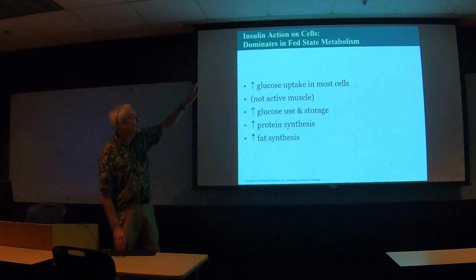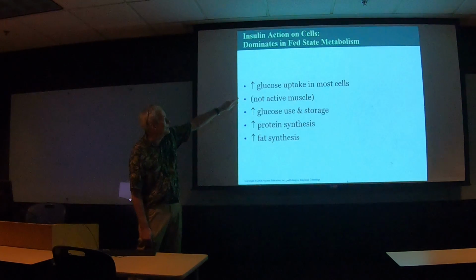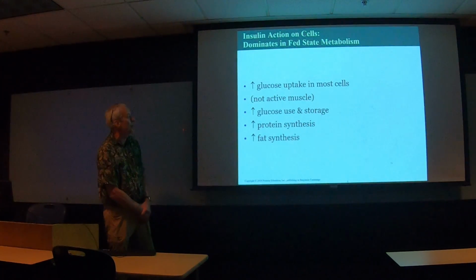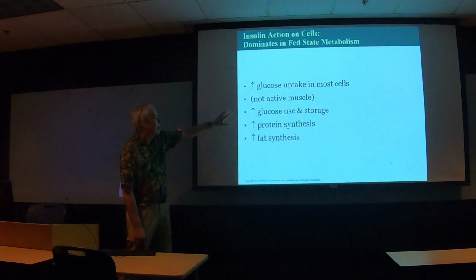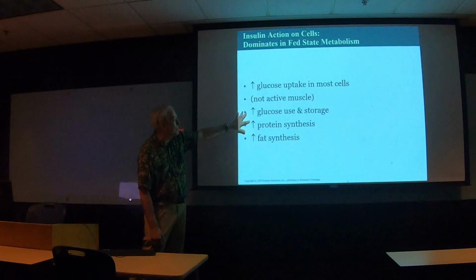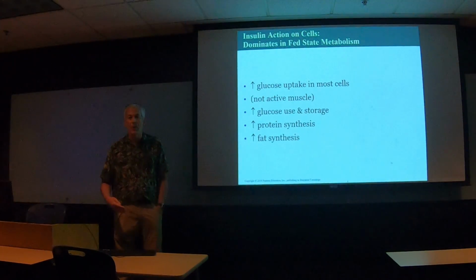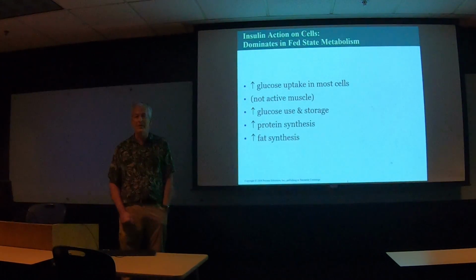All right, so insulin action on cells. Insulin stimulates glucose uptake in most cells. It increases glucose use and storage. Remember, what does insulin do? Insulin stimulates the insertion into the cell membrane of the GLUT receptor, so it allows glucose to go through the cell membrane.